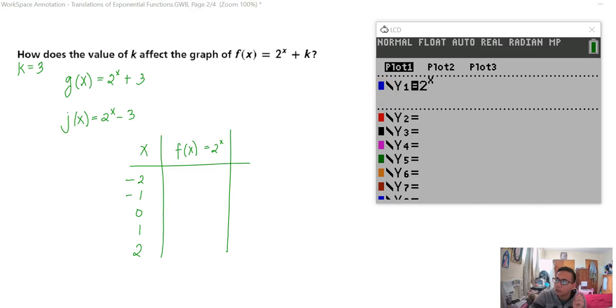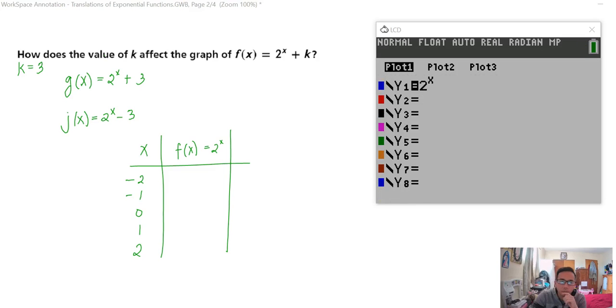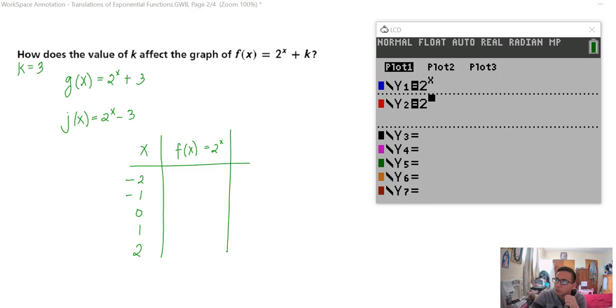Okay, and then I'm going to go down. I'll press enter, and then I'll put 2 raised to x, and then plus 3.